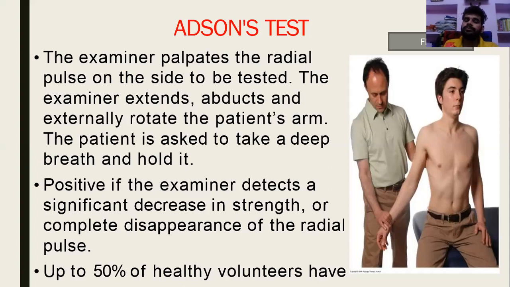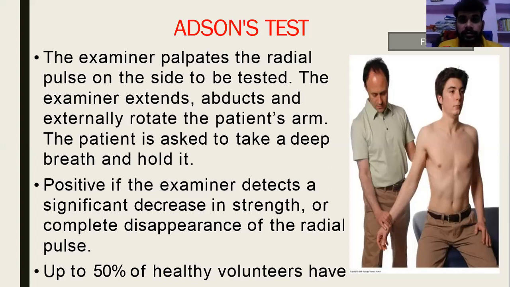When we do these movements, a sufficient decrease in strength or complete disappearance of the radial pulse shows the positive sign. When we can't feel the radial pulse, the Adson test is positive.